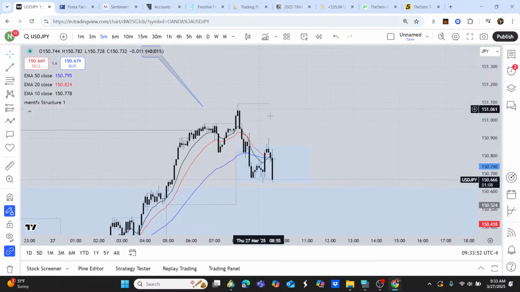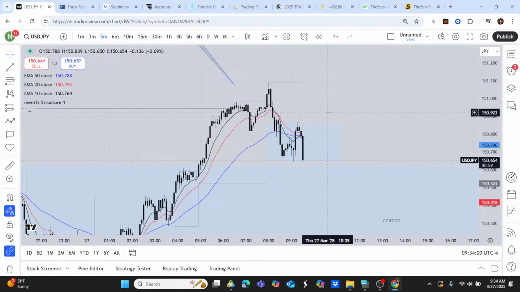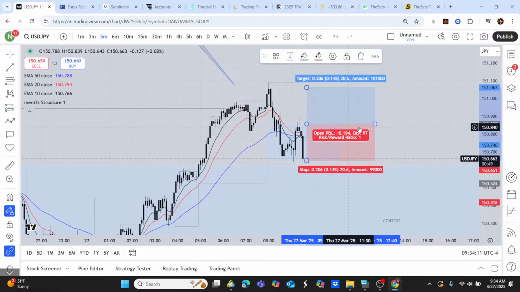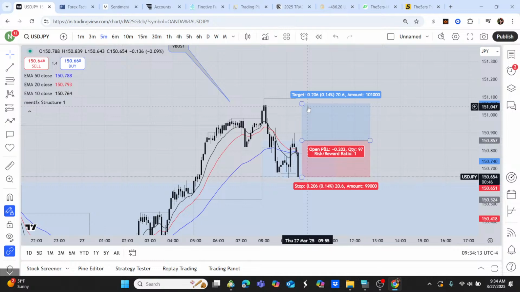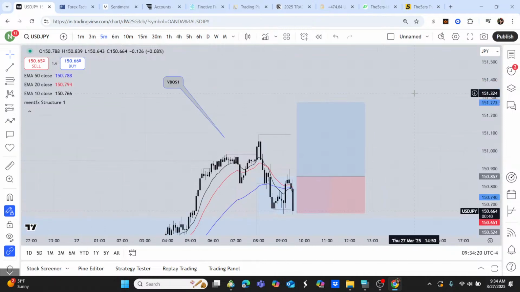What I started doing was cherry picking my entry. I want my stop loss to not be too big, and not be extremely small, so I can get more out of the market. So when the move does happen, let's just say there was an opportunity right here and this was my stop loss. In order to get my rule of the candle closing above a 1 to 2, it needs to be all the way up here.